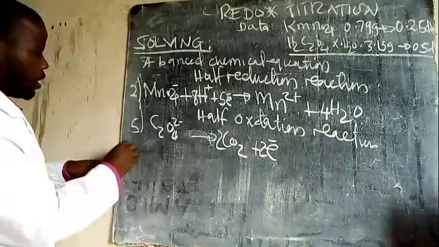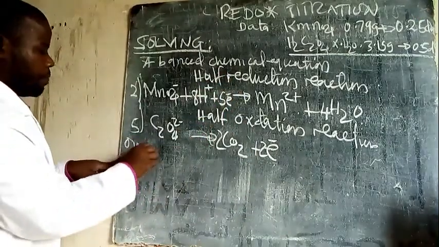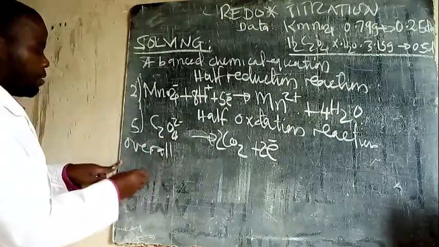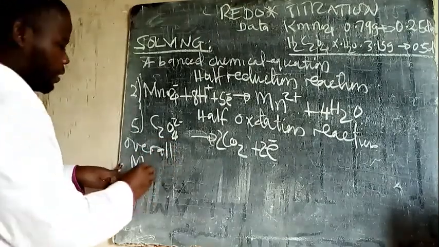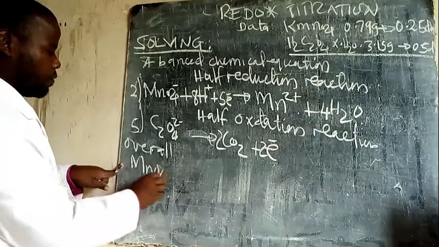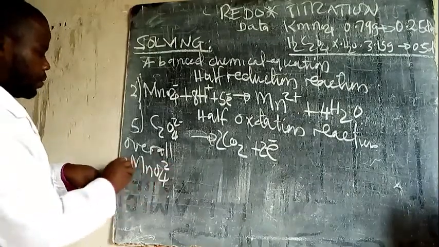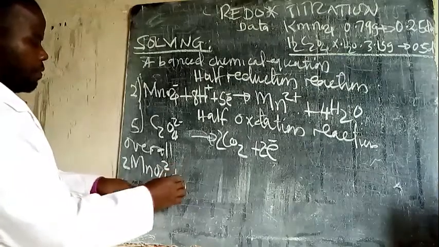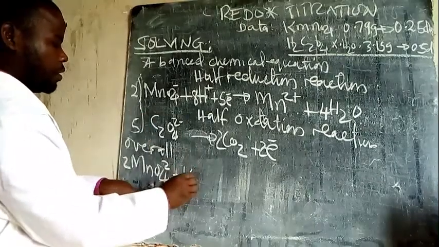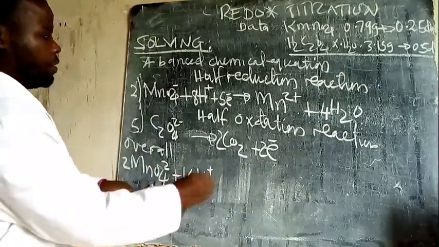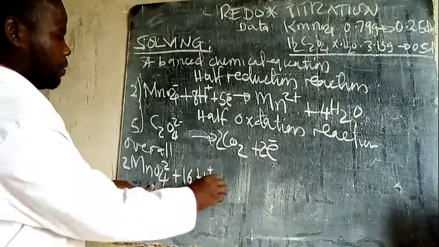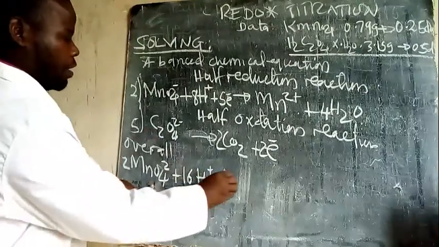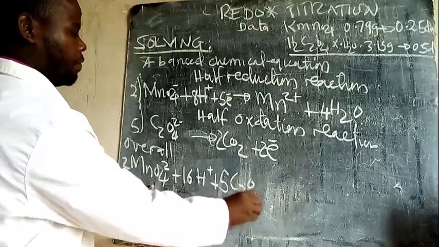So the overall reaction will be 2 manganese(VII), manganese(II), with 16 hydrogen ions, plus 5.